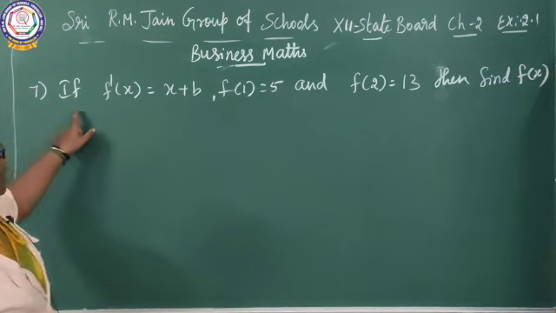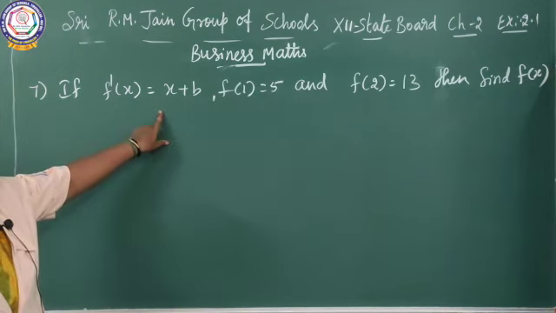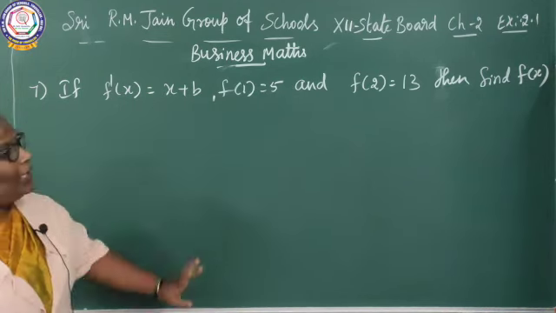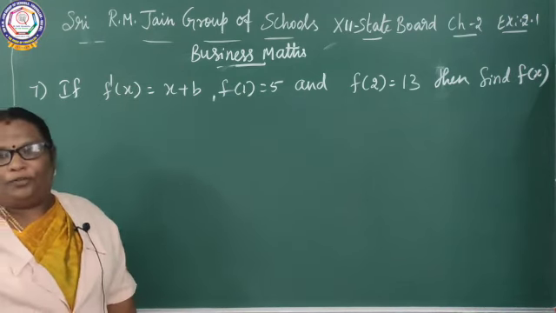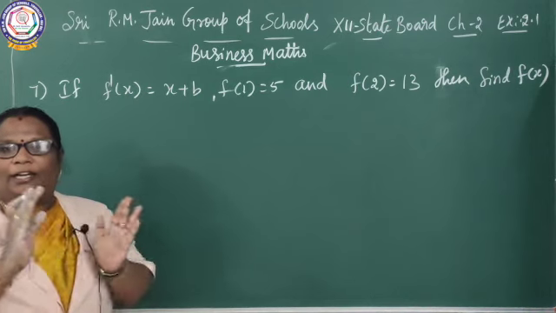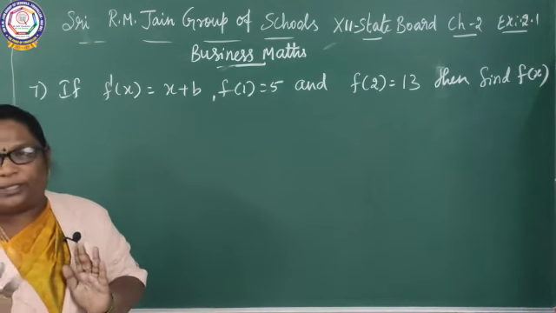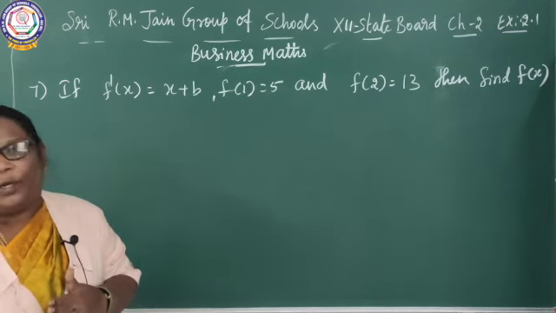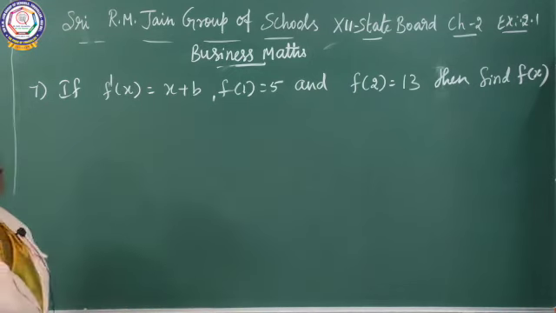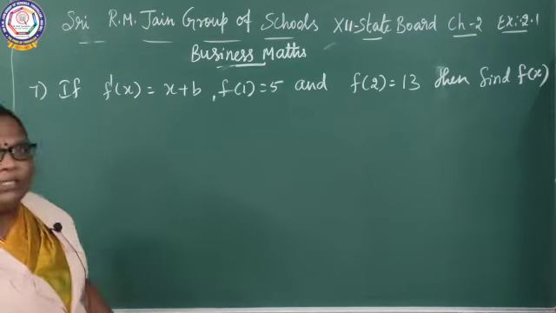Seventh sum, if f dash of x equal to x plus b, f of 1 equal to 5 and f of 2 equal to 13, then find f of x. Integration and differentiation are reverse processes. Differentiation is derivative, means integration is antiderivative. So, I should find out the value of f of x, but the given term is f dash of x.